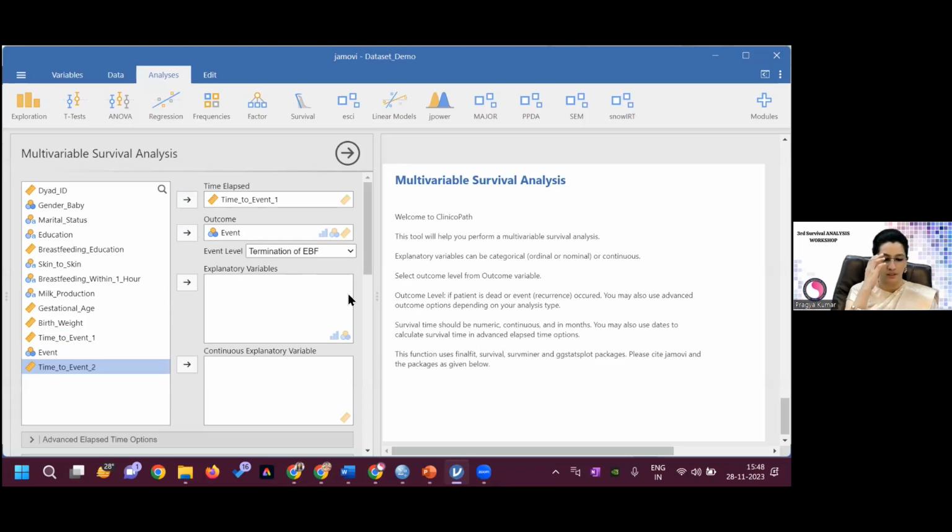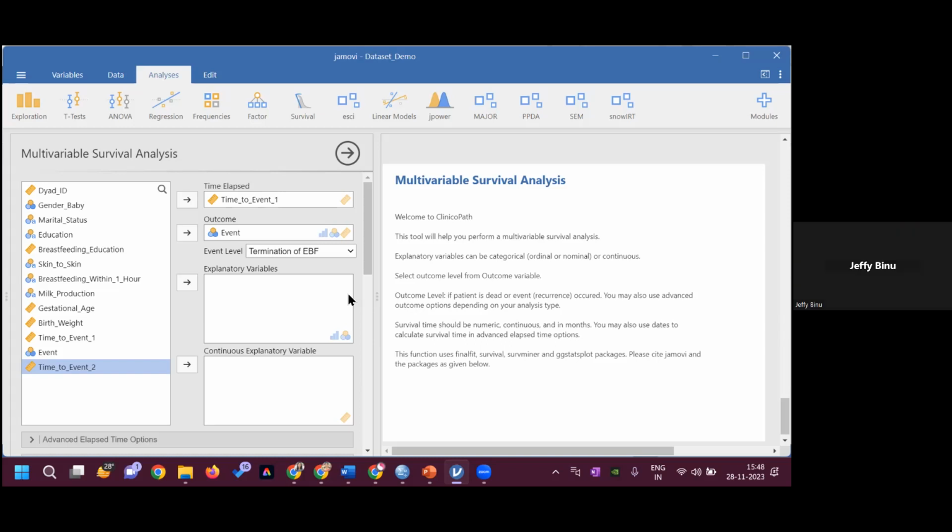Now, what variable should you take as an explanatory variable, categorical or continuous? So what do we do in logistic regression? How do we decide for the cutoff? What variable to take? Yes, I want to know from you people, those of you who have done. Anyone?